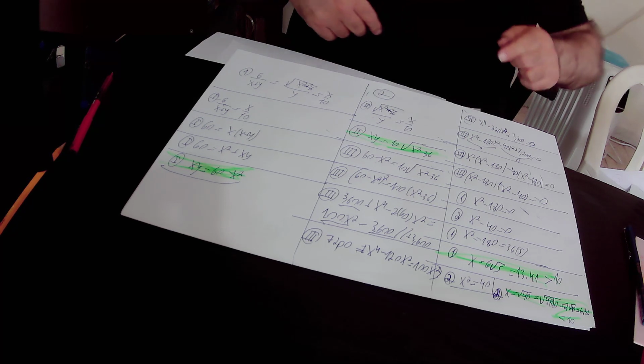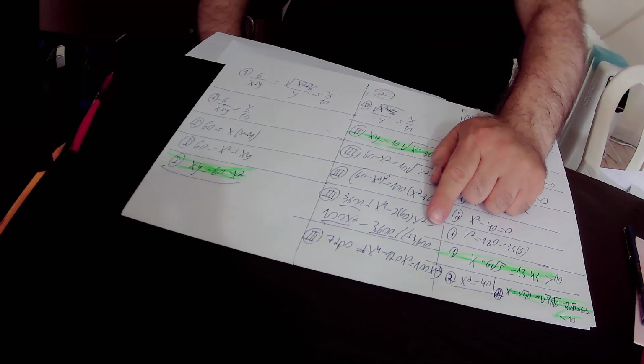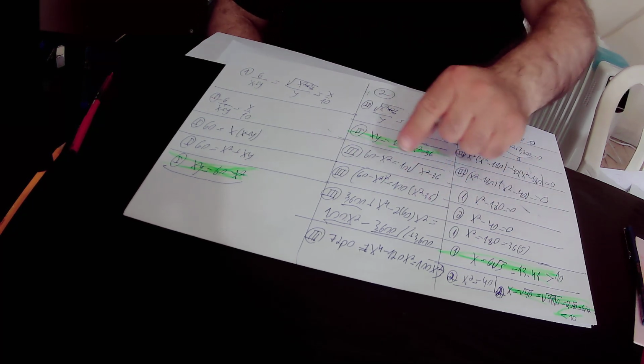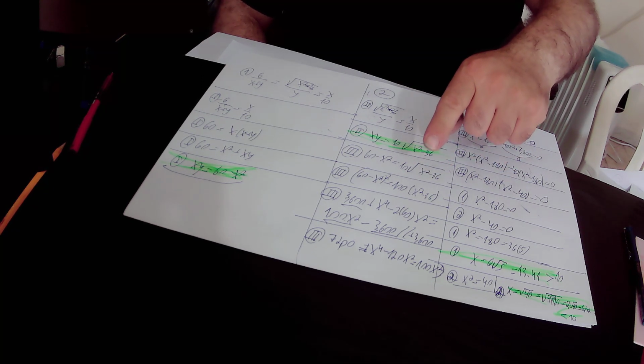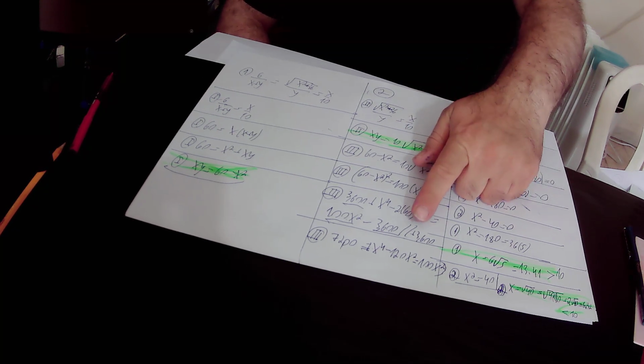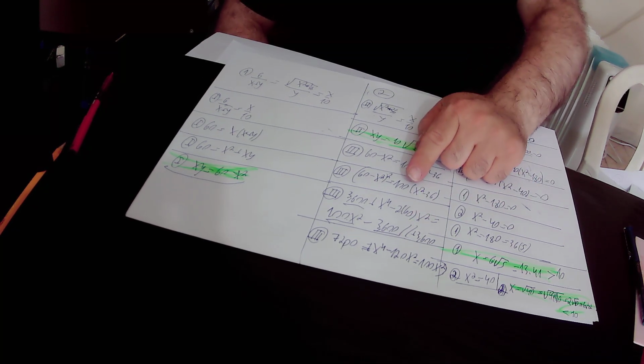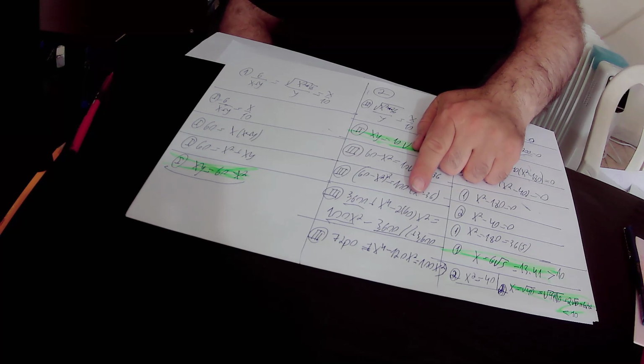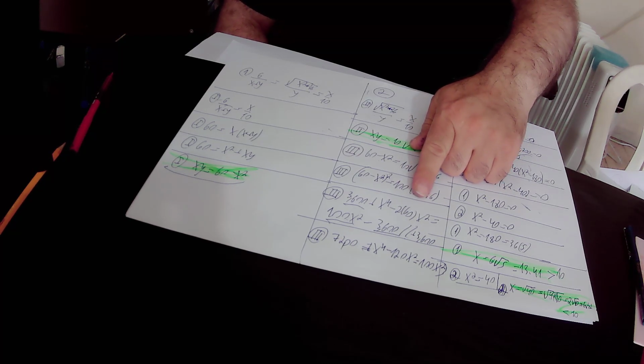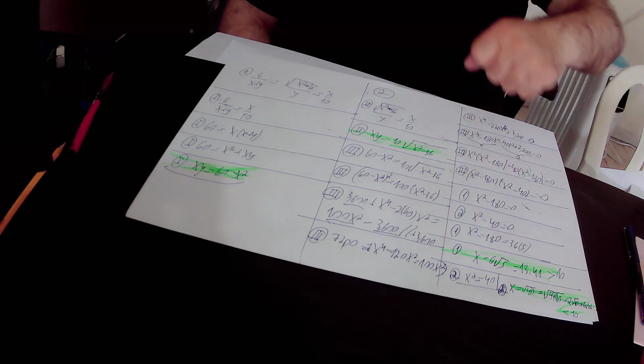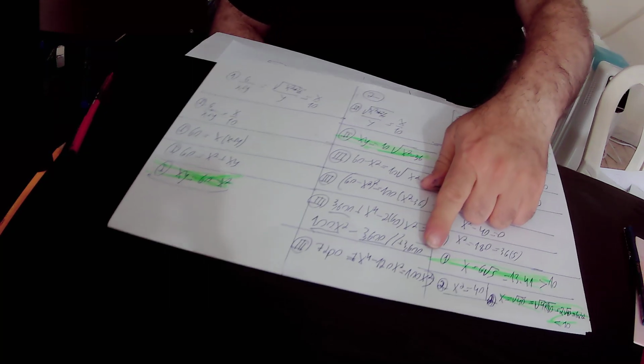Here we added 3600 to this equation number 3, and we got that 3600 plus 3600 is 7200, plus x to the power of 4, minus 2 times 60 is minus 120, so this expression equals minus 120 x squared, and it is equal to 100 x squared.